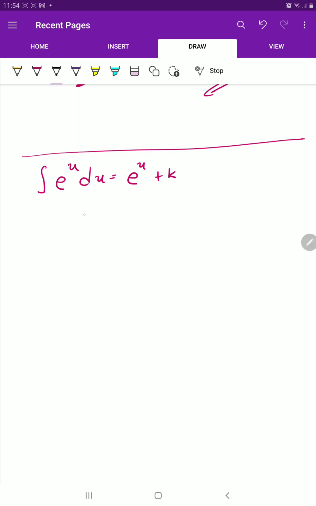So for example, the integral of e to the sine x dx. Now, as you can see, this one, first let's try to analyze, can we use this formula for us to be able to solve this one?